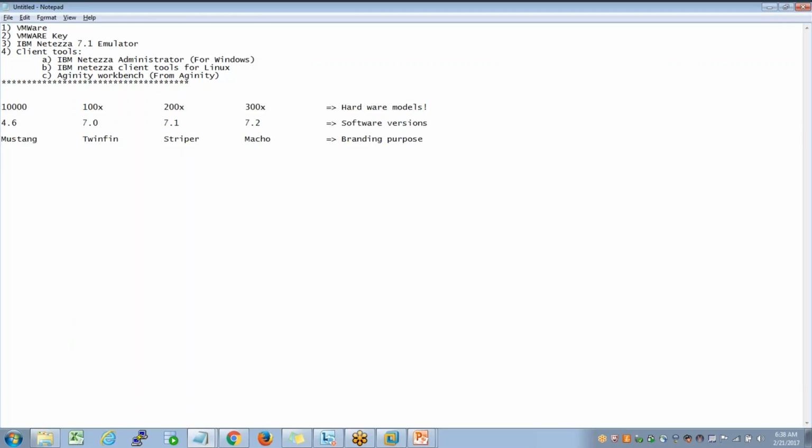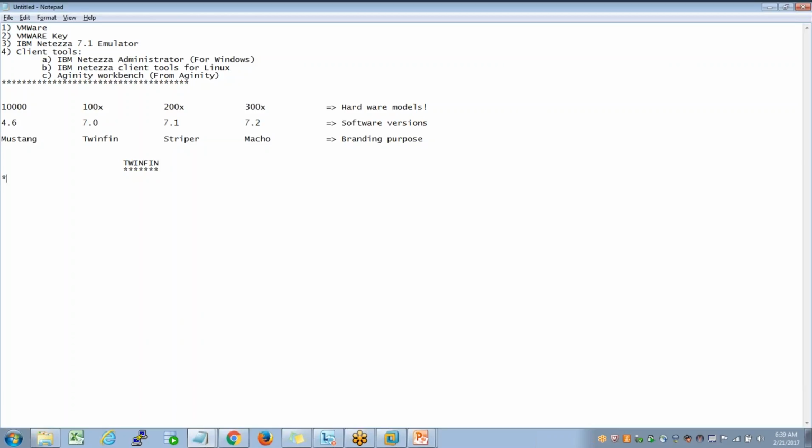The fundamental architecture we analyzed the other day was for TwinFin. Why TwinFin? Because it is where it all started, the high availability architecture. The ratio of 1 to 1 started from here, even though we don't have that ratio anymore in Striper and Mako. So this is what we looked at in TwinFin.